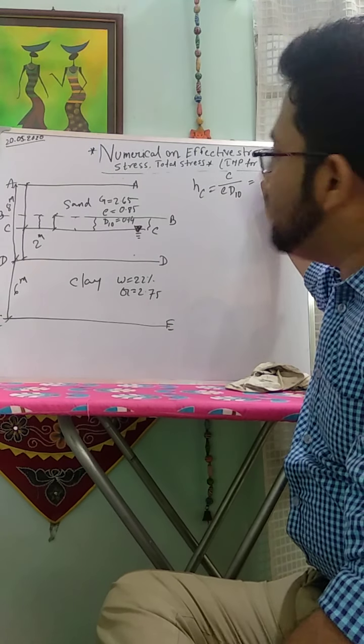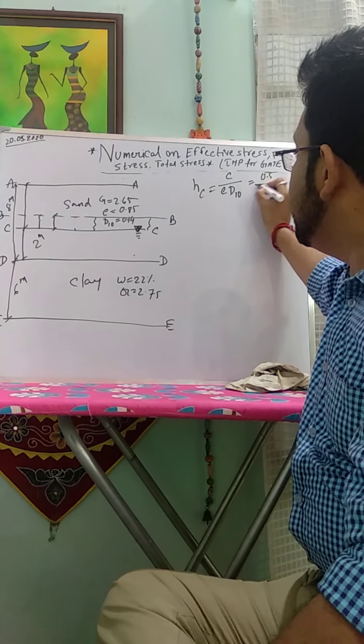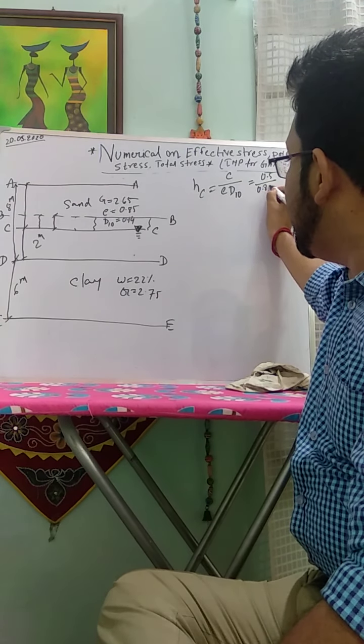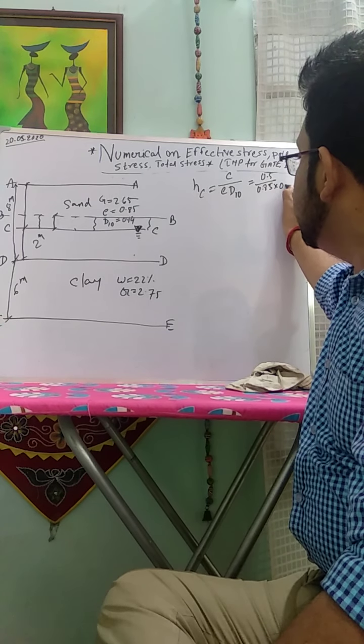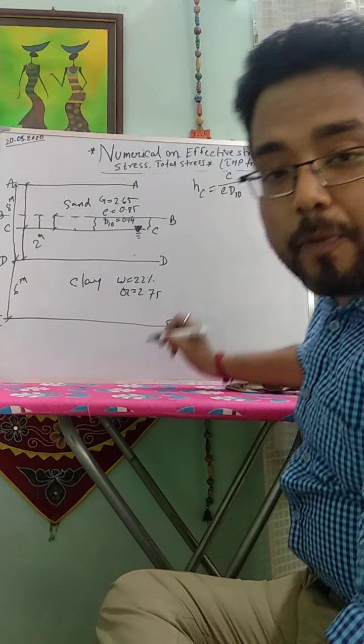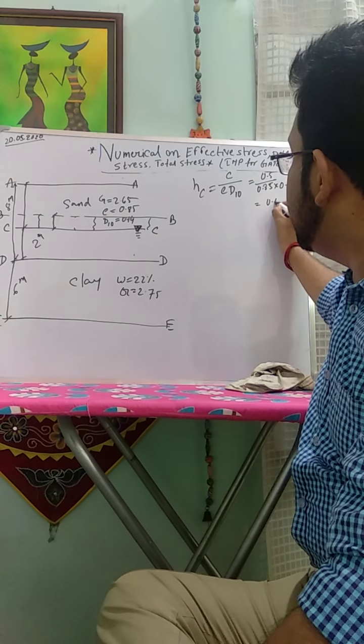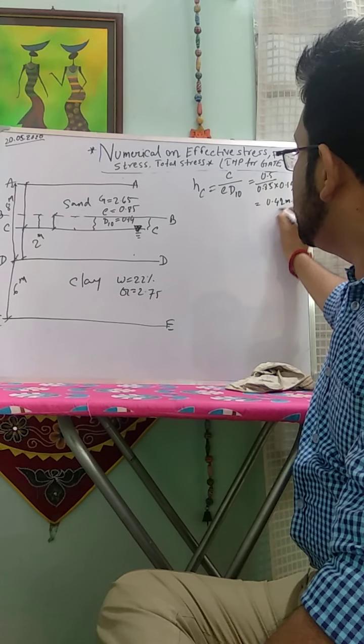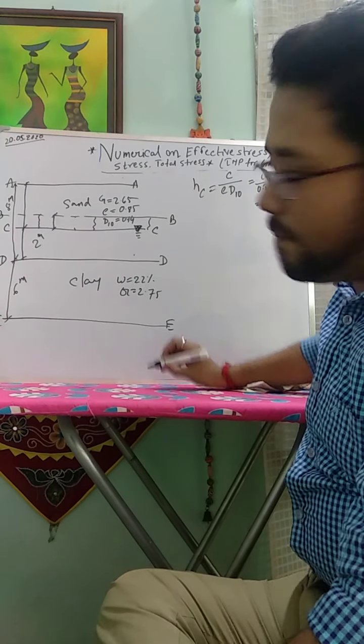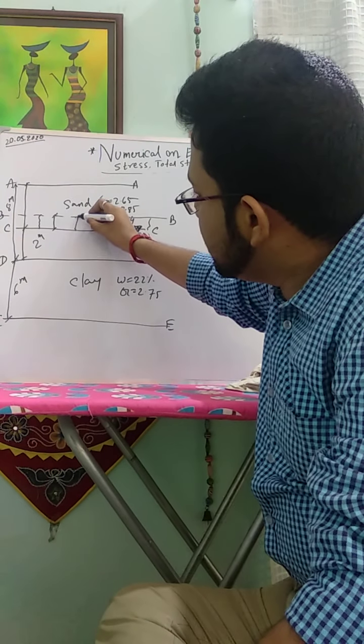C in our problem is 0.5, e the void ratio is 0.85, and D10 is 0.14, so we can easily find that the capillary height is 0.42 meter.